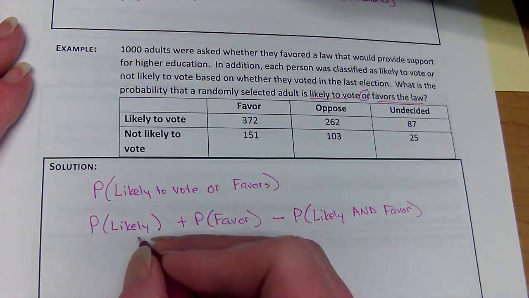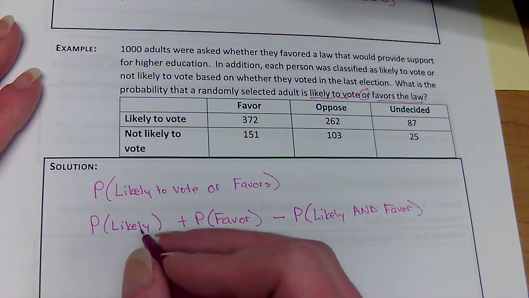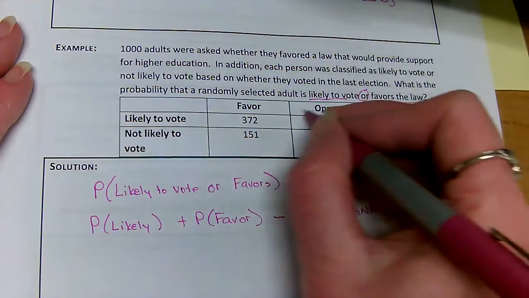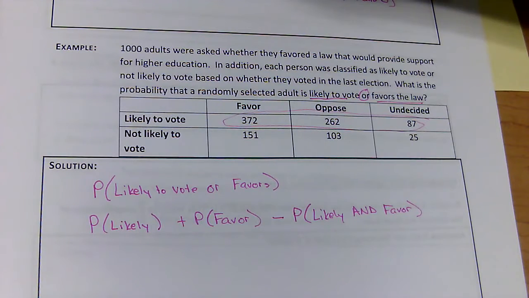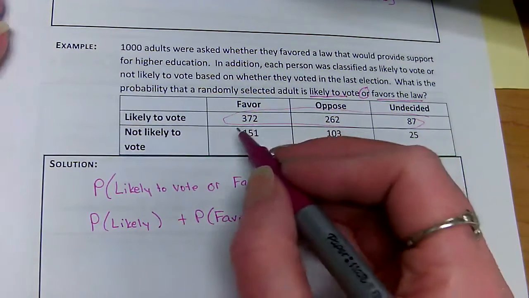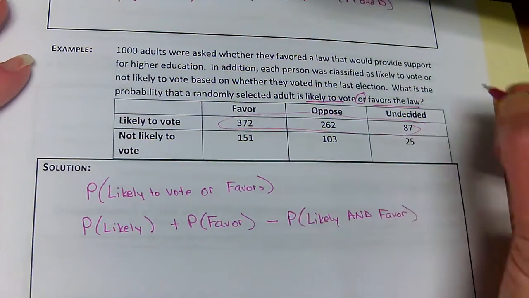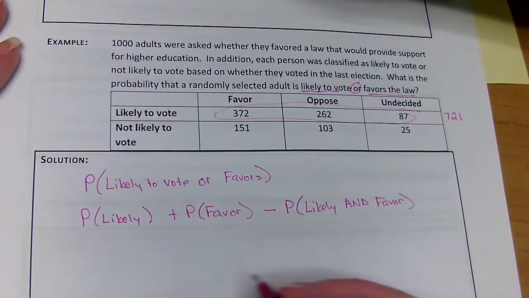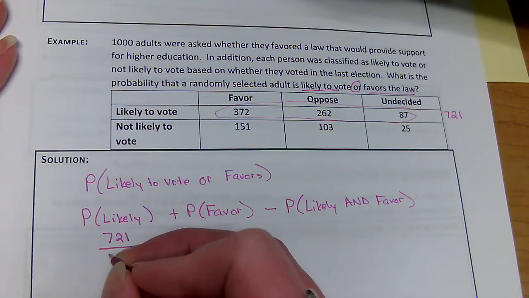So the probability that they're likely to vote, well, I would need to take this whole group, right? Likely to vote would be this whole row. So I would add those together. So 372 plus 262 plus 87, that leaves me 721 people that were likely to vote out of the 1,000.